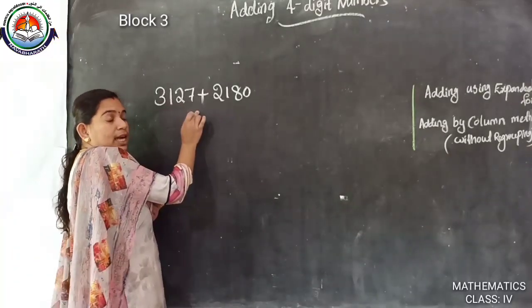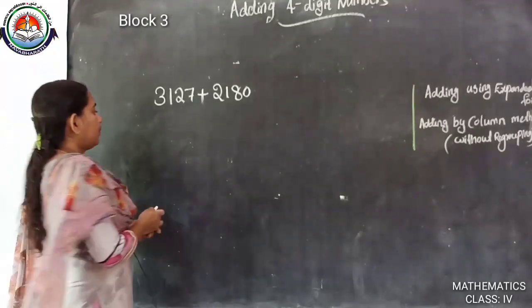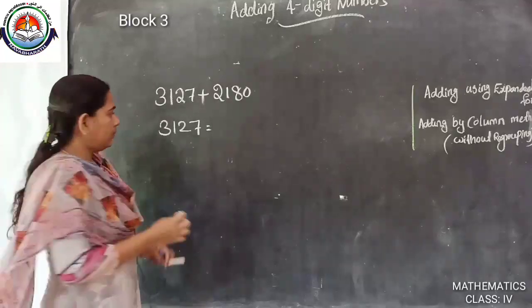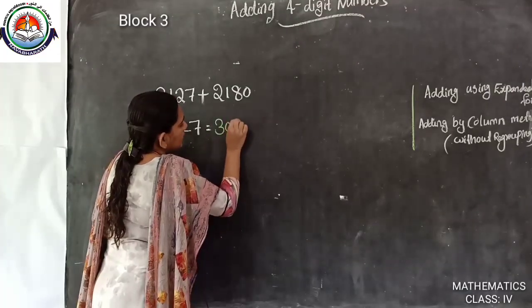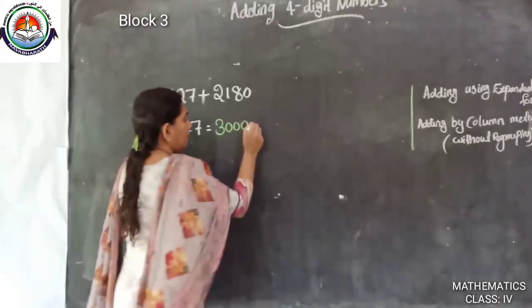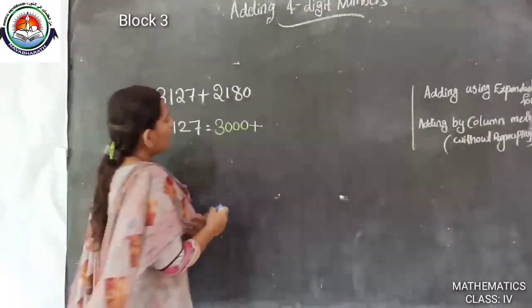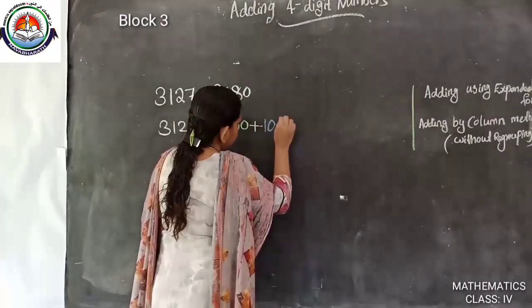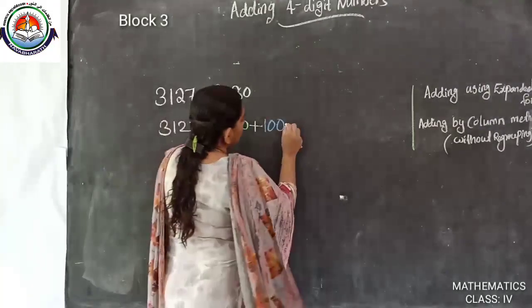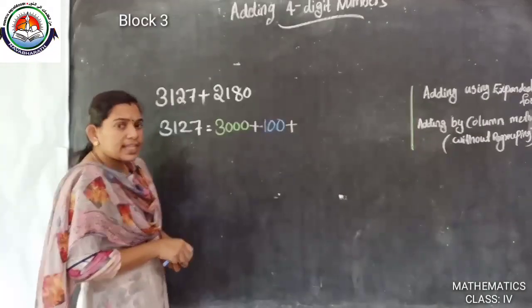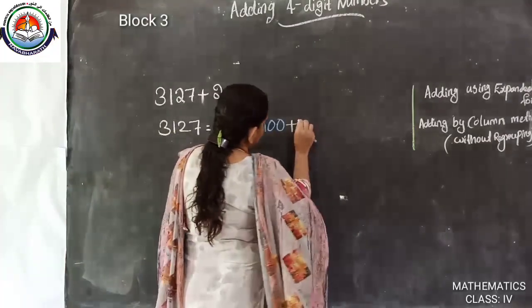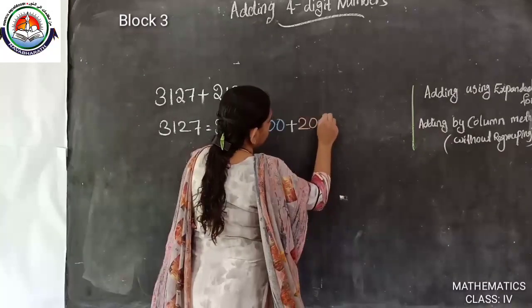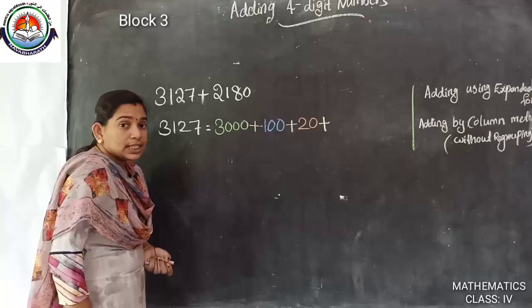How do we expand 3127? 3000 plus 100 plus 20 plus what is next? 7.